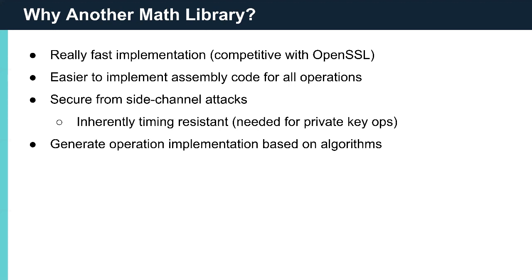With some of our older libraries, we had to keep patching here and there for timing resistance in areas that researchers or testing exposed. But with this one, we wanted a math library written from the ground up to be side channel attack safe. And then we wanted to be able to generate algorithm code based on algorithms, so we have some scripts that generate a lot of this library code for us.